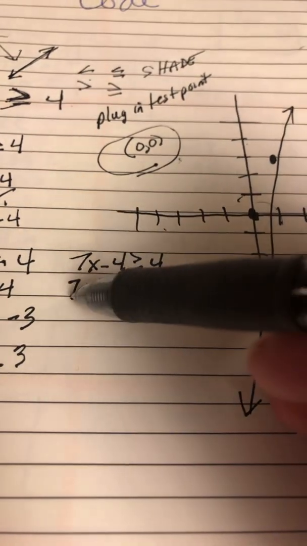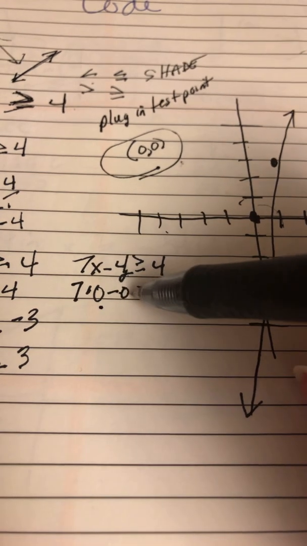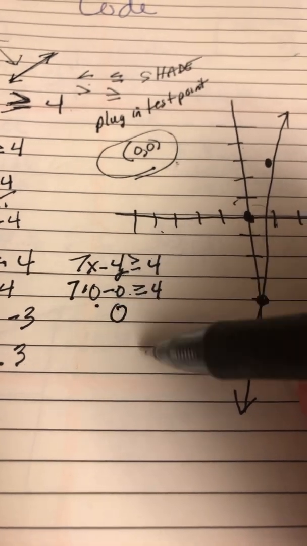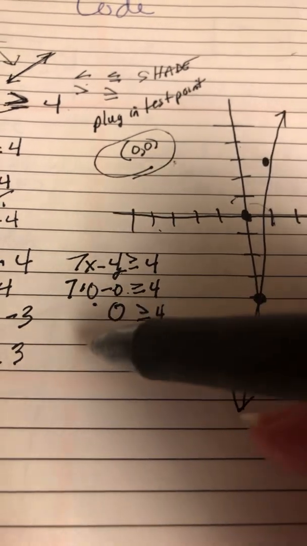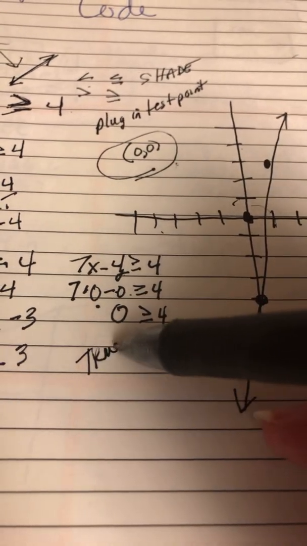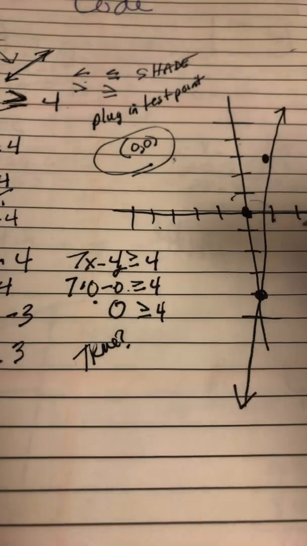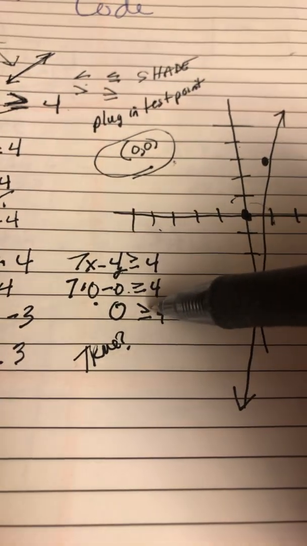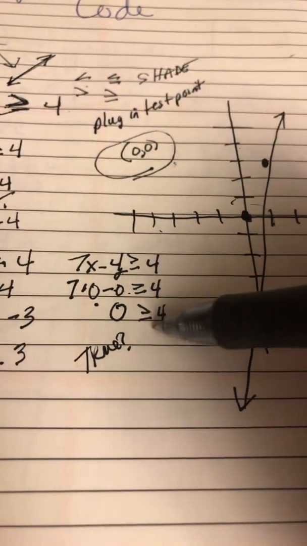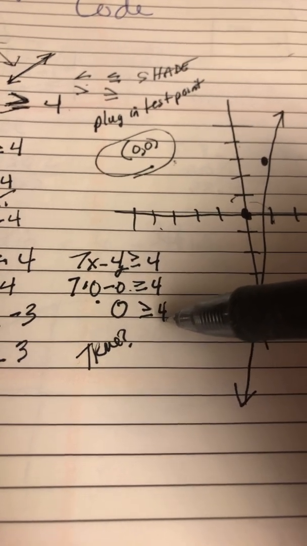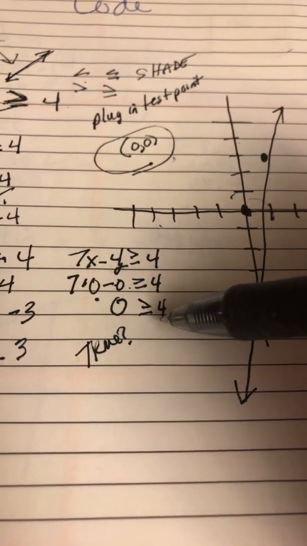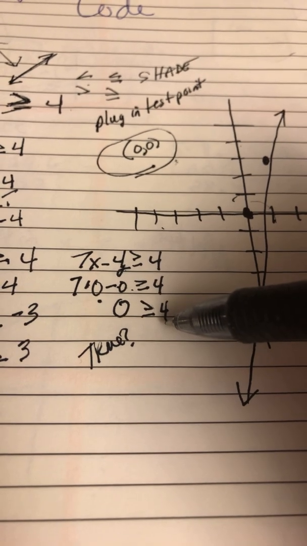Now do the math. 7 times 0 is 0, minus 0, so this side is equal to 0. We have this greater than or equal to 4, and the question is, is this true? Well, no, 0 is never, ever bigger than 4, nor is it equal to 4, ever. The only thing equal to 4 is 4. The only thing bigger than 4 is like 5, 6, 7, 8, 9, 10.